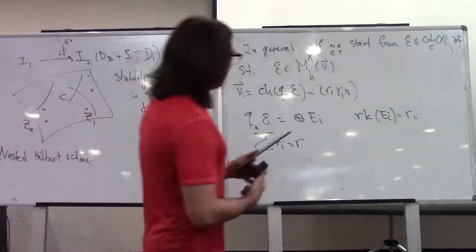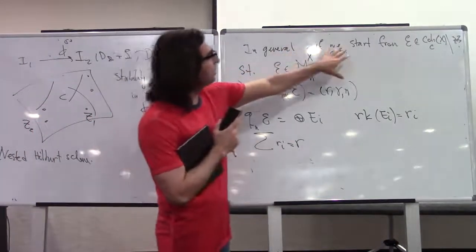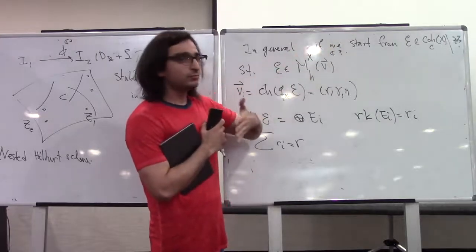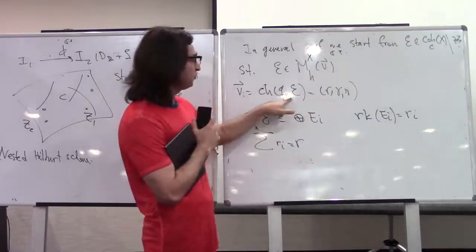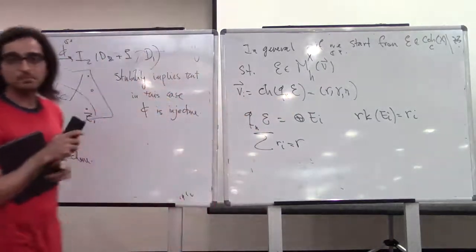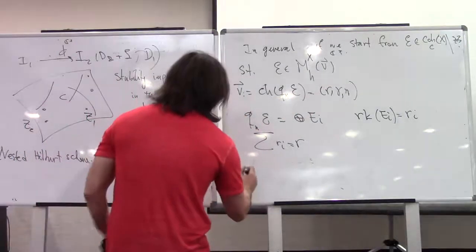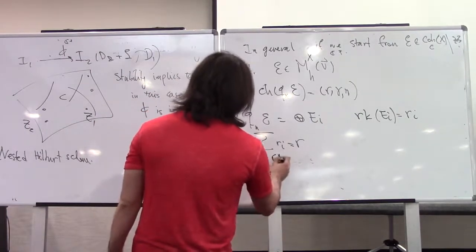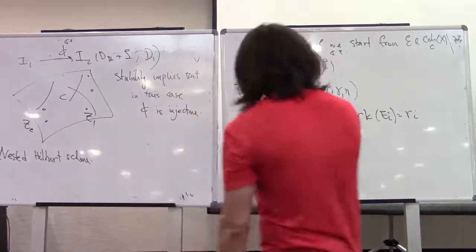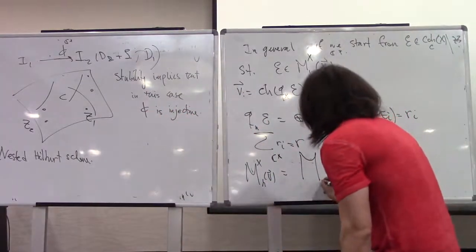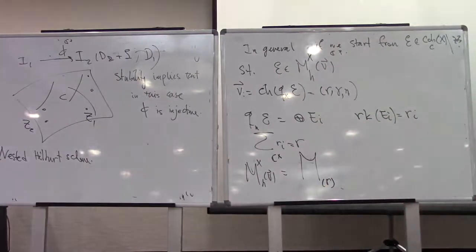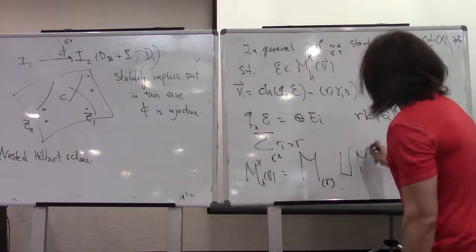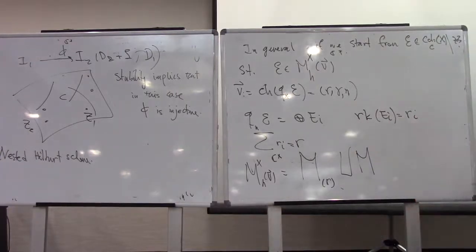So this is telling you that the torus fixed loci of the moduli space are somehow partitioned by the rank of the sheaf that you start with. So the torus fixed loci of this moduli space is given by the first partition, which is the partition R, MR. Then the second partition, which is the partition of flags E1 plus E2, where this one has rank 1 and this one has rank R minus 1.